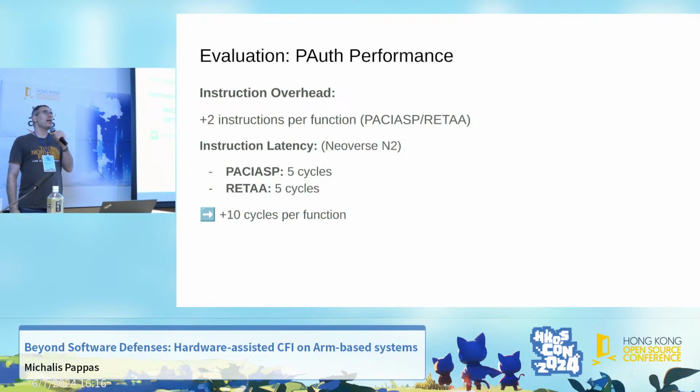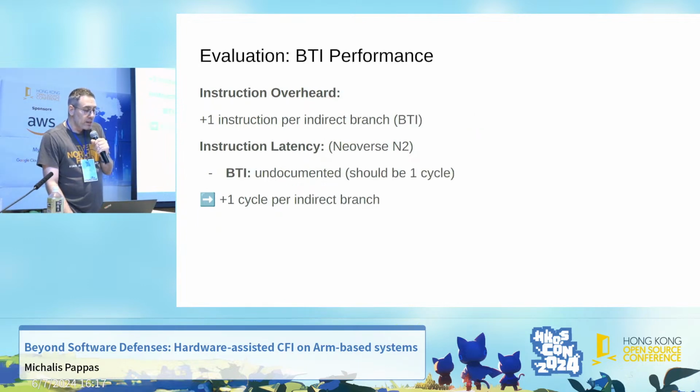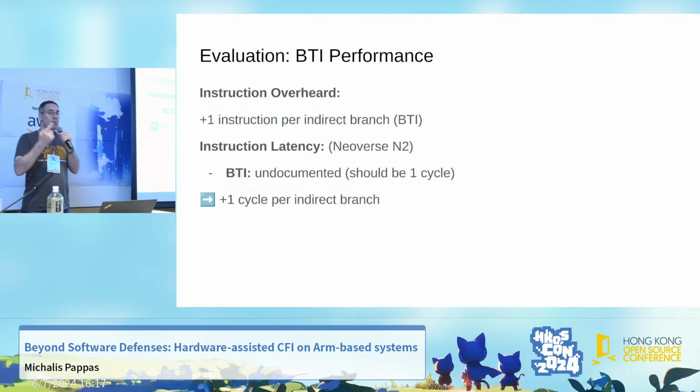10 cycles are, I don't know, 5 multiplications, right? It's okay. It's not so big. It's not negligible, but it's still not so big. For BTI, things are much simpler. You have only +1 instruction per indirect branch.